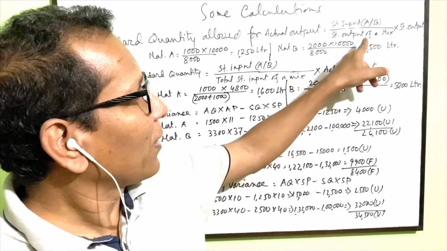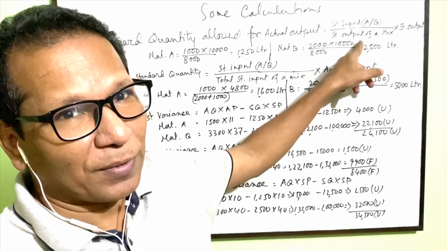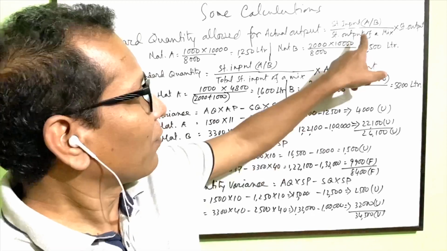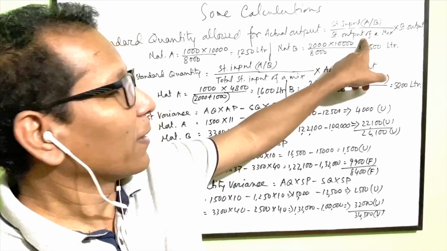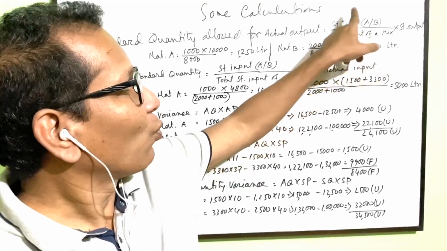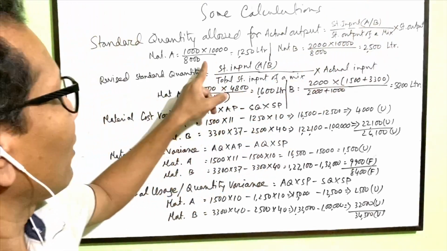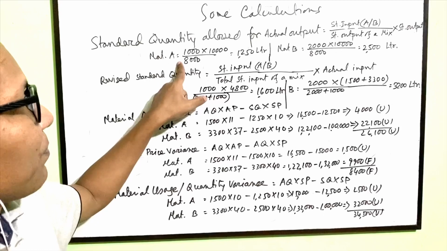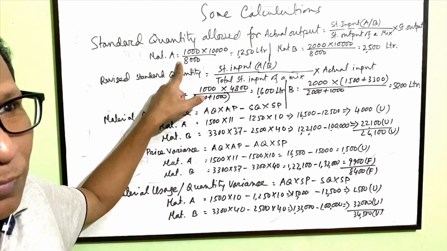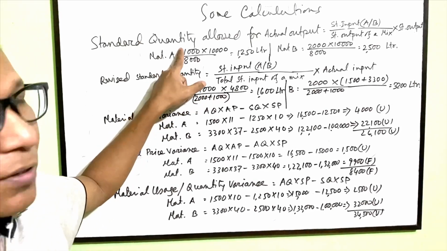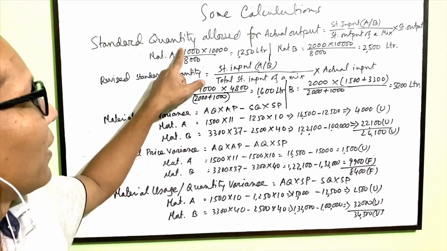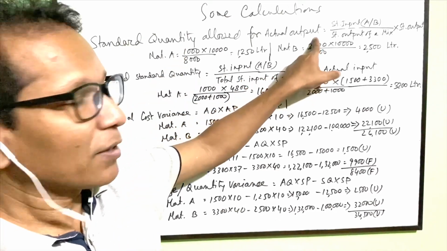This is the formula: standard input divided by standard output of a mix, multiplied by actual output. Here standard output for 8000 bottles, metal A needs 1000 liters and B needs 2000 liters.